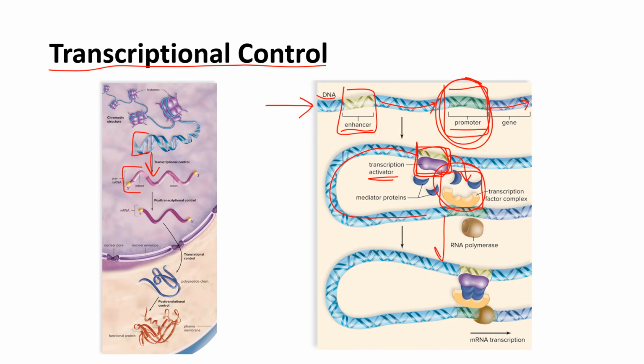That will cause this DNA to fold over, line up the enhancer with the promoter, and these proteins are all bound together. Having that transcription complex will allow the RNA polymerase to now finally bind to the promoter and transcribe the genes.